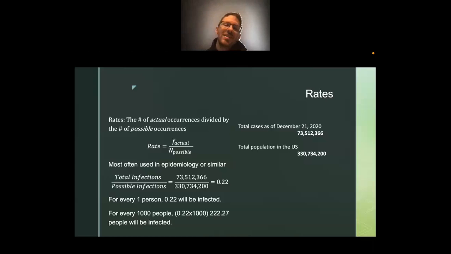Now, it doesn't often make sense if you leave it as 0.22, because the way you read rates is for every one person, 0.22 will be infected. And that doesn't make much sense. And so usually they'll multiply the number by either 100, 1,000, 1,000,000, depending on how wide their data set is. So I think it makes sense to do it by 1,000. So we would multiply 0.22 by 1,000 and say for every 1,000 people, 222 people have been infected. Okay, so that is how you do a rate.